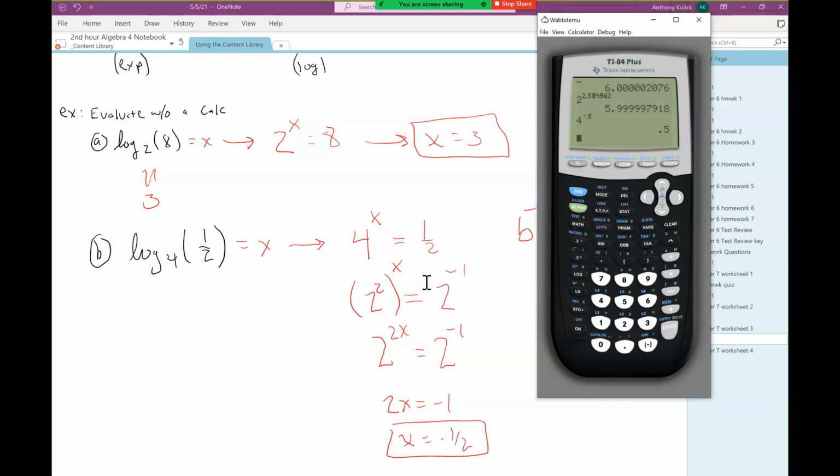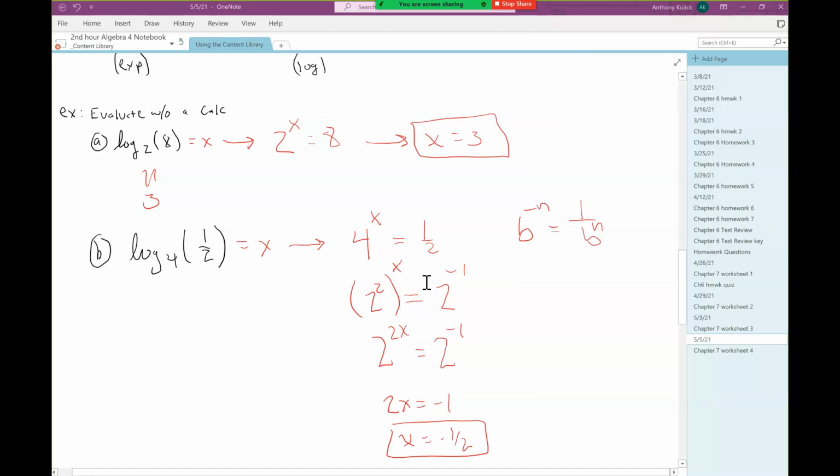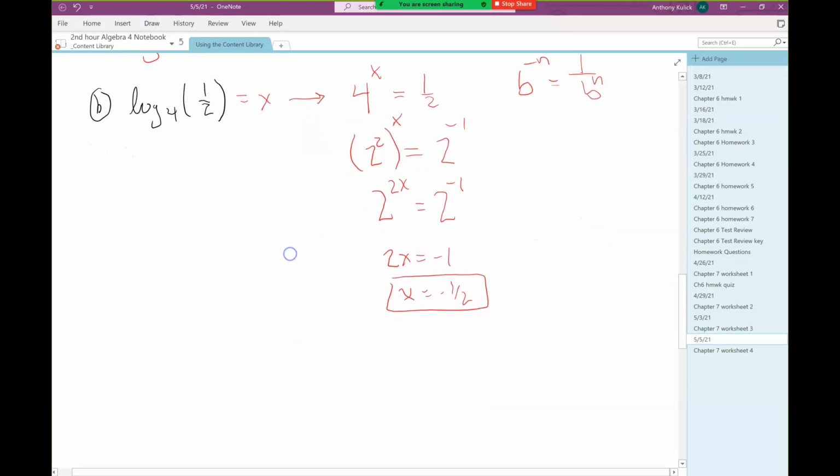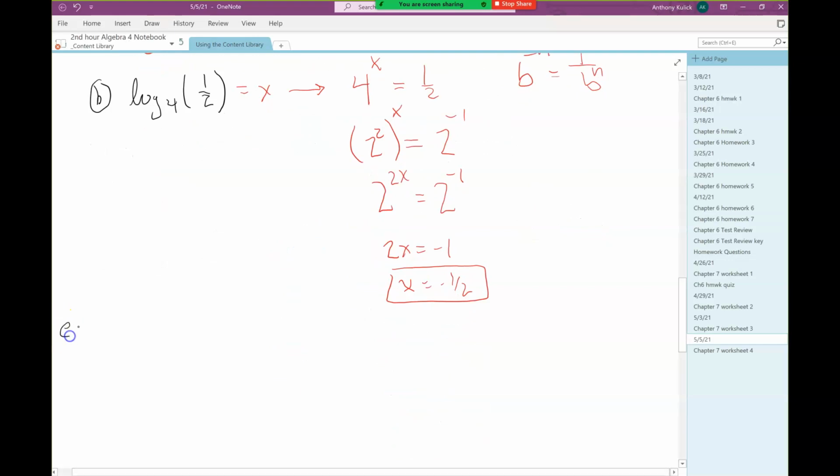But the trick is always just going to be to find a way to rewrite it so that they have the same exponent base. And then you can just set the exponents equal to each other and finagle it from there. Now, not all logarithms we can do without a calculator.